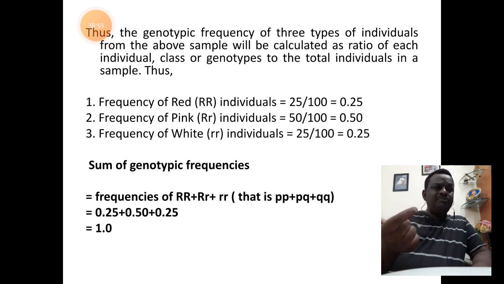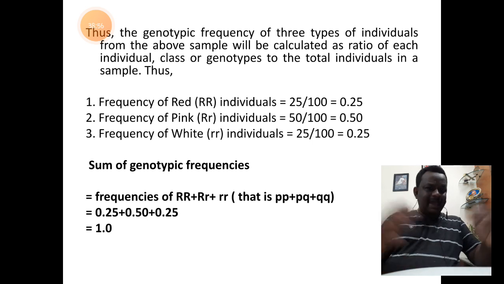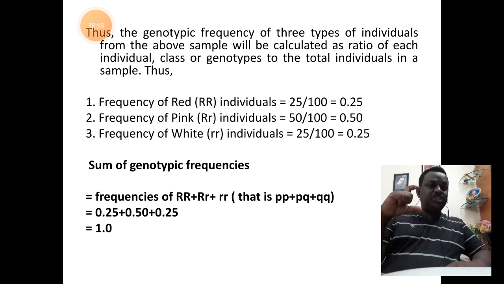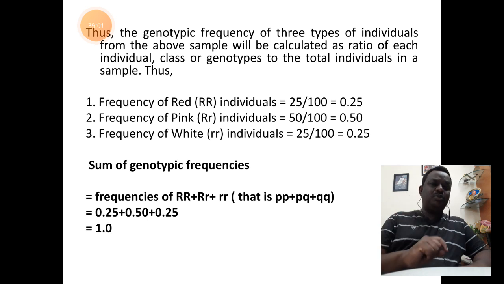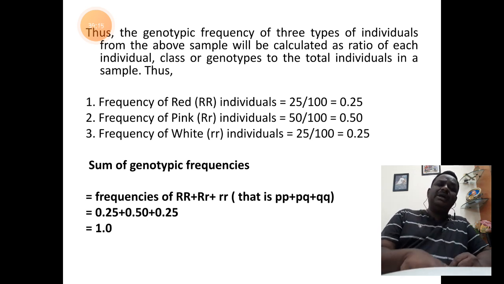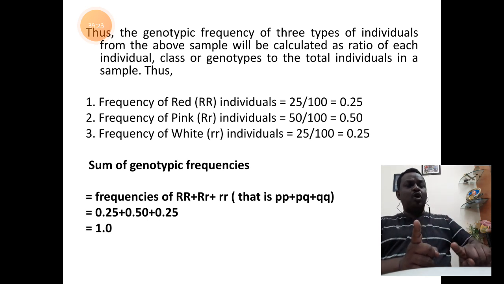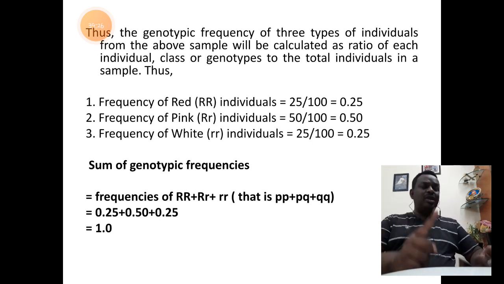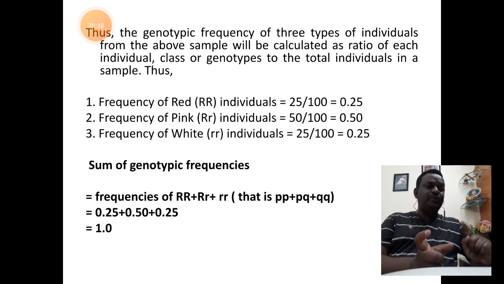So, the sum total of genotypic frequencies, when I sum up the genotypes capital R, capital R, capital R, small r and small r, small r, we know that the allele representation for capital R, that is the dominant allele, is small p, and for the recessive allele is small q. So capital R, capital R can be represented as PP. Capital R, small r, heterozygous, is represented as PQ, and small r, small r is QQ.